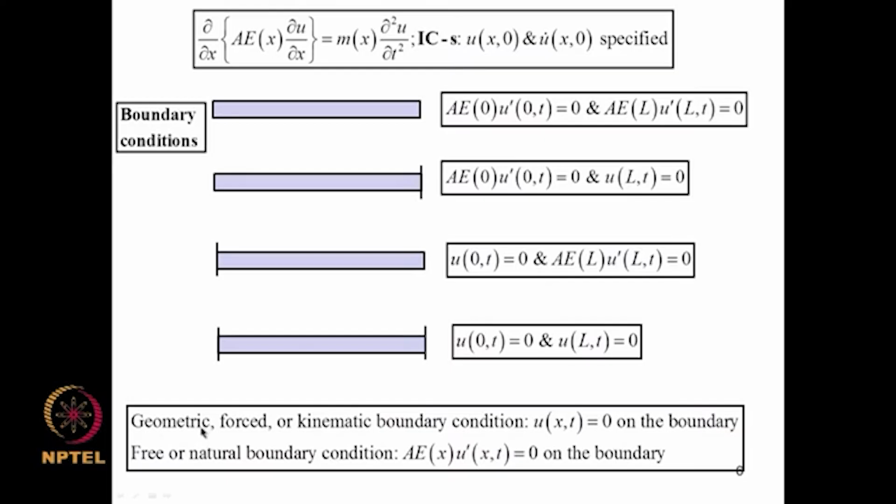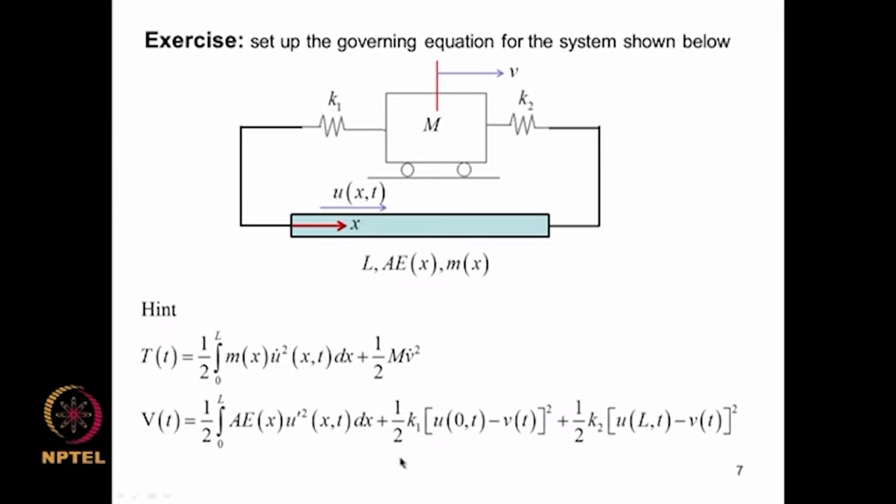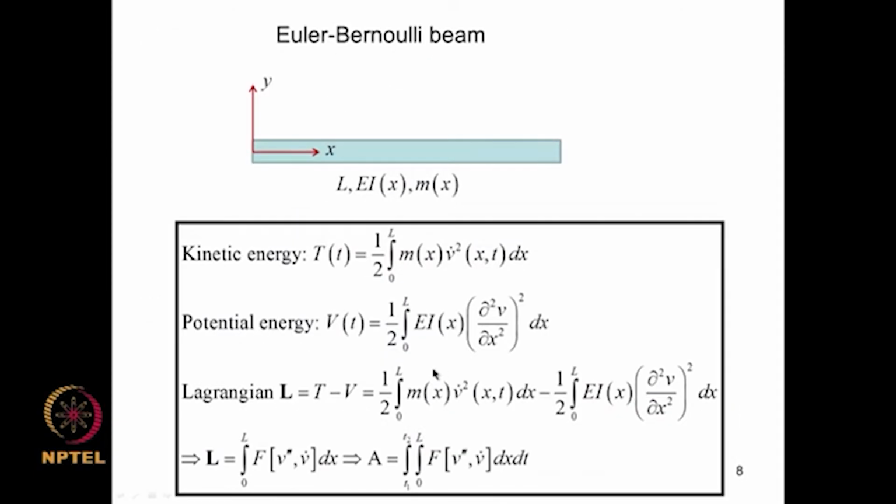Now the boundary conditions themselves were classified as geometric, forced or kinematic conditions and then natural boundary conditions. We covered several examples where there was combination of continuum elements and discrete elements, used Hamilton's principle and derived the equations. We then moved on to theory of Euler-Bernoulli beams.